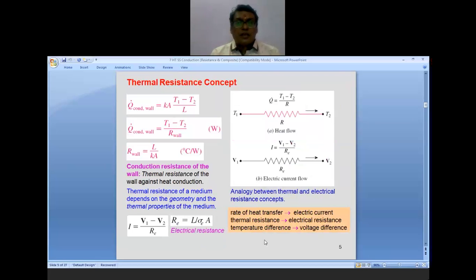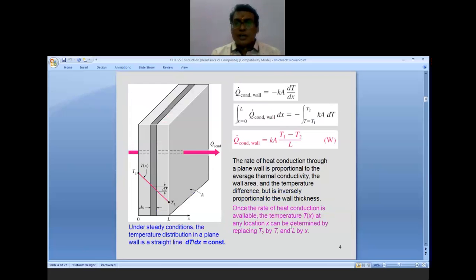Now there are certain resistances that can be taken, and these are the thermal resistances. Our basic heat conduction equation, Q equal to minus KA dT upon dx.